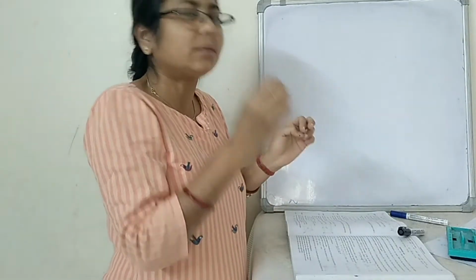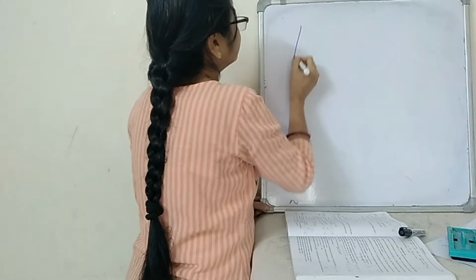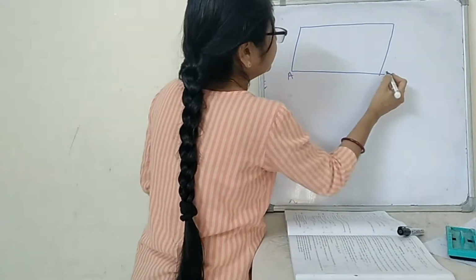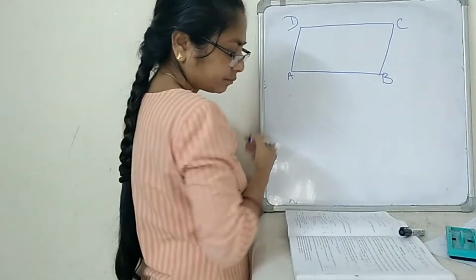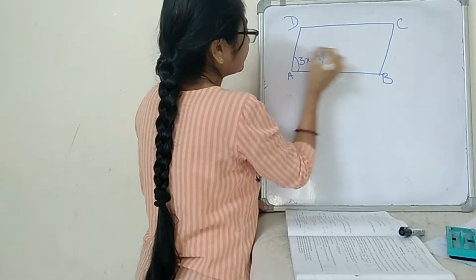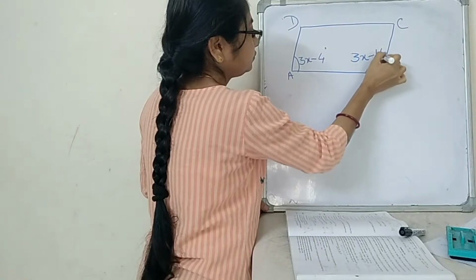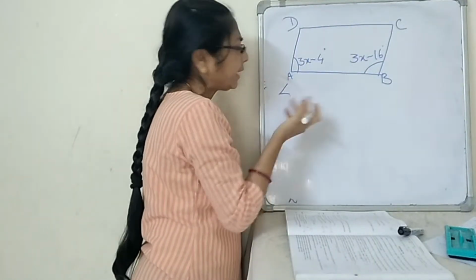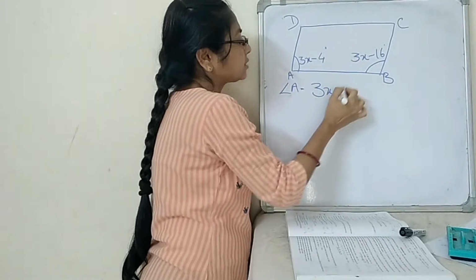Same things you do, but a little bit tougher. Look, any two adjacent angles, accordingly angle A and angle B. Angle A is 3x minus 4 degree.